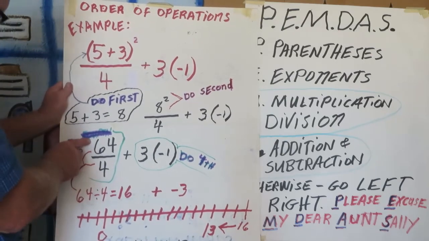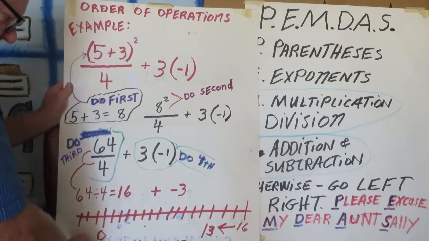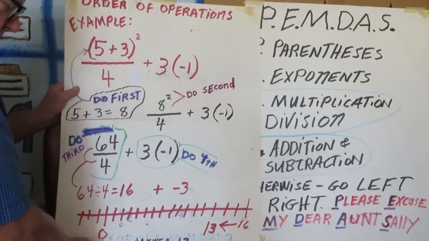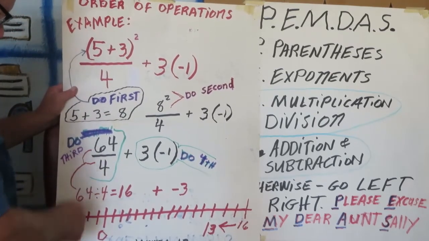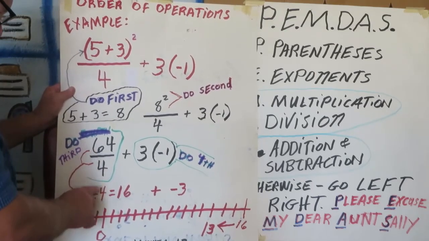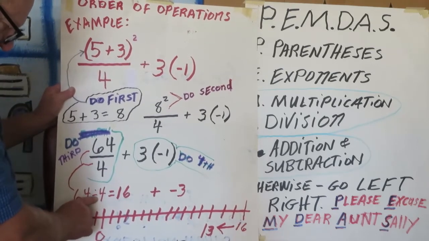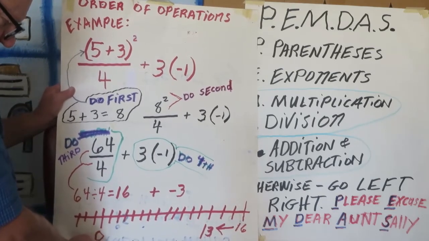When you're simplifying a problem and you see a fraction like 64 over 4, a fraction is essentially a division problem. It's the same as 64 divided by 4.